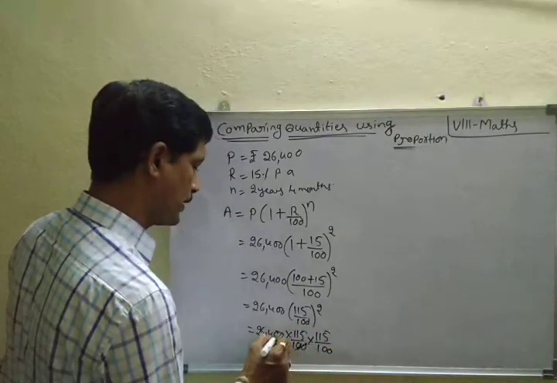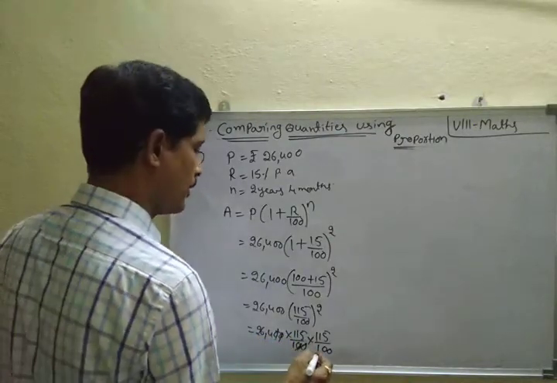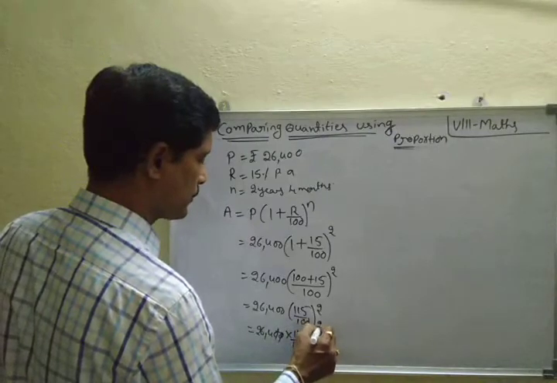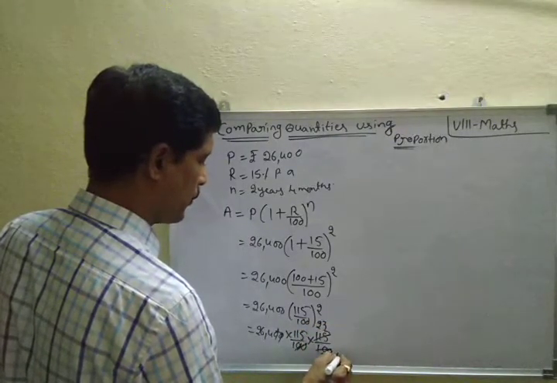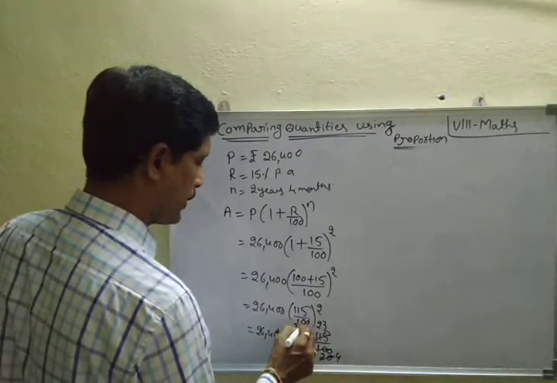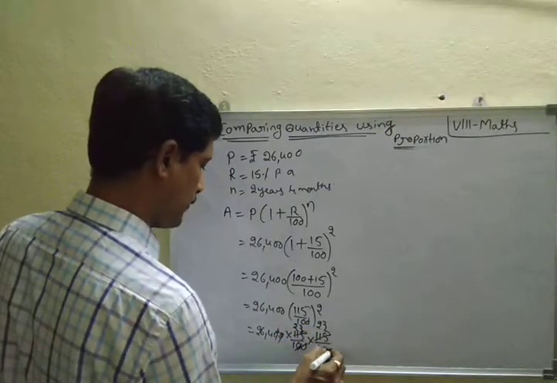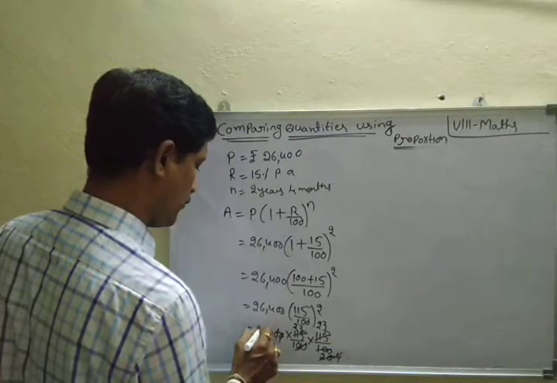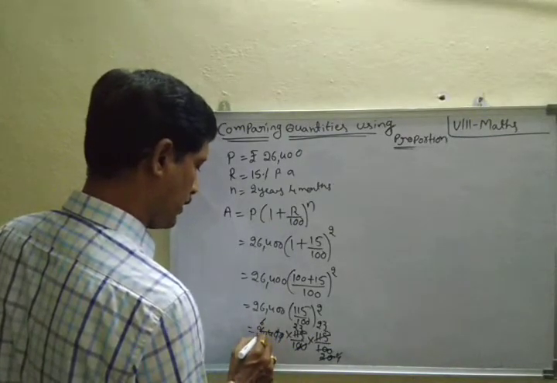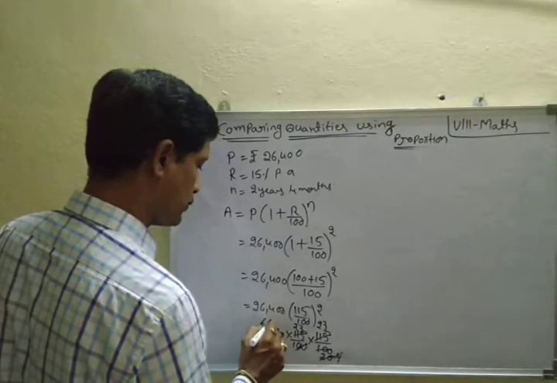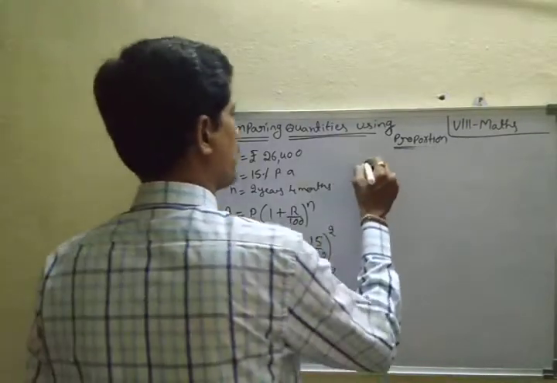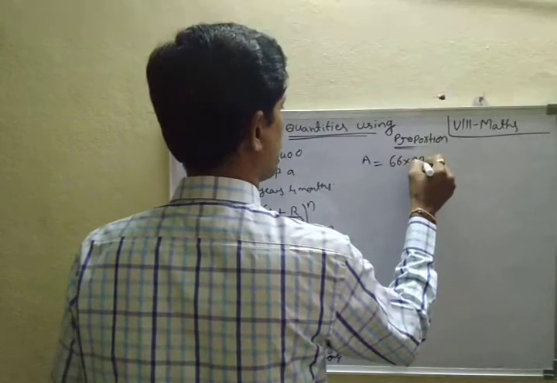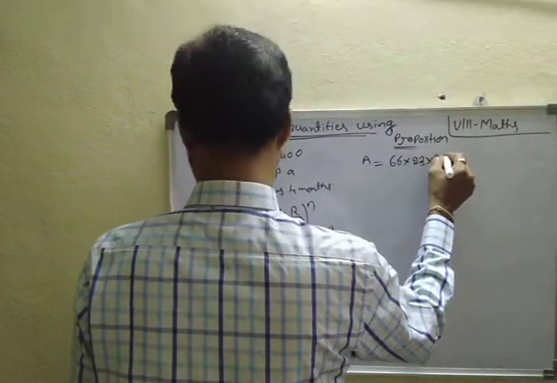Here 2 zeros get cancelled. Next, 5 20s, 5 23s. Next, 5 4s, 5 23s. Next, 4 table. Here 4 6s are 24. Here 2 is there. That equal to amount equal to 66 into 23 into 20.